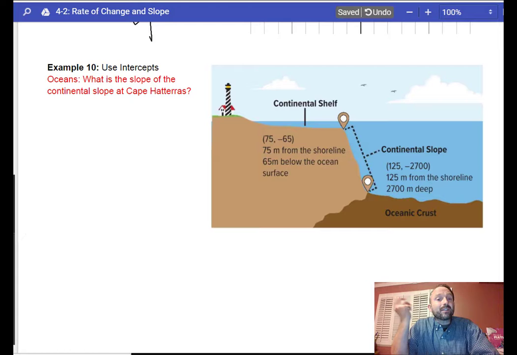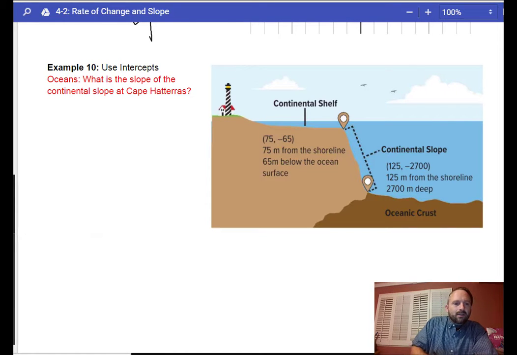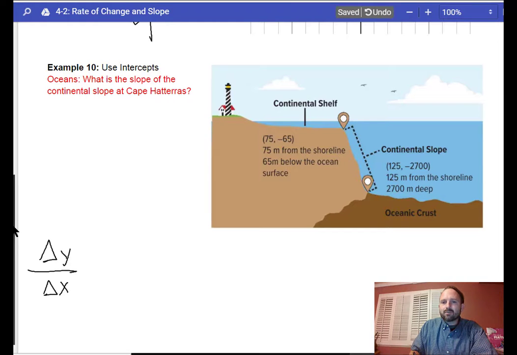Alright, use intercepts. What is the slope of the continental slope at Cape Hatteras? Alright, well, basically, they're going to give us 2 points, and we just have to figure out what the slope is. Sure, why not? So, we're going to write down delta y over delta x. So, my delta x, it goes from 75 to 125.